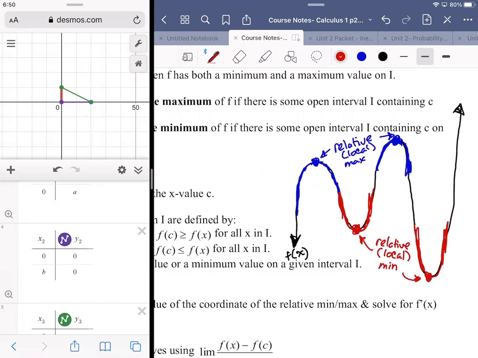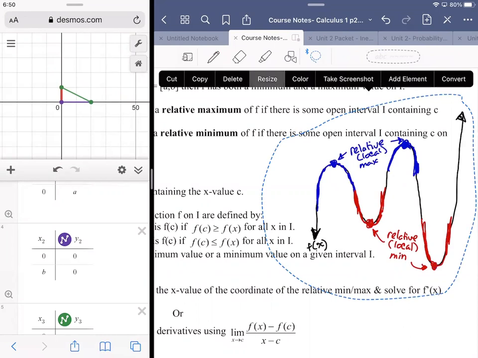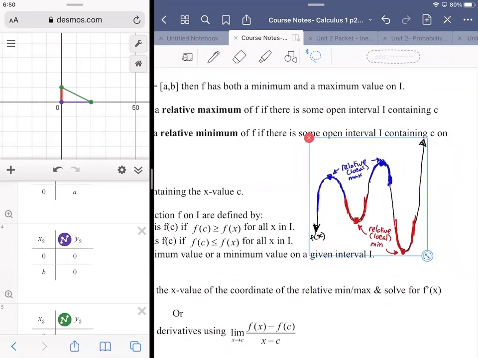Now, if I take my graph and shrink it down a little bit, and follow it to its natural conclusion, this one would go all the way up to positive infinity, and this one would go all the way down to negative infinity.